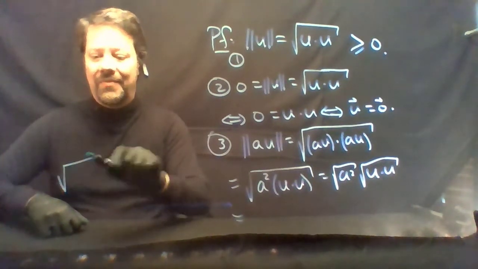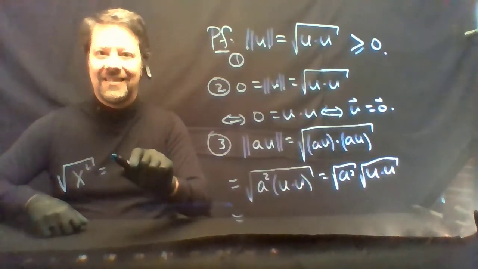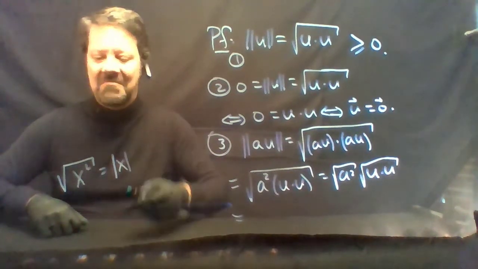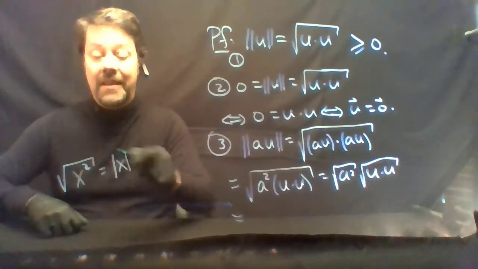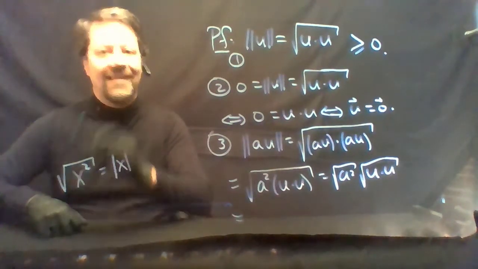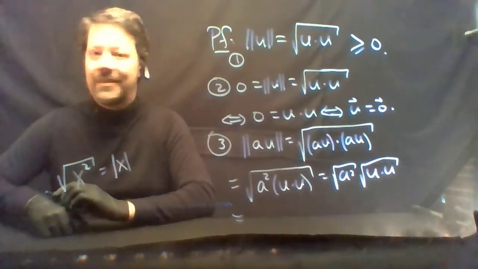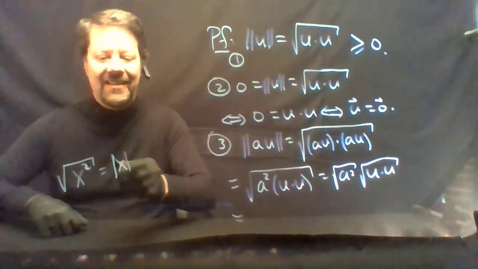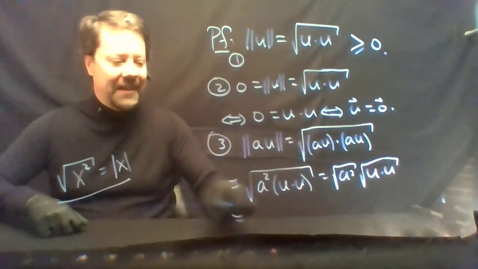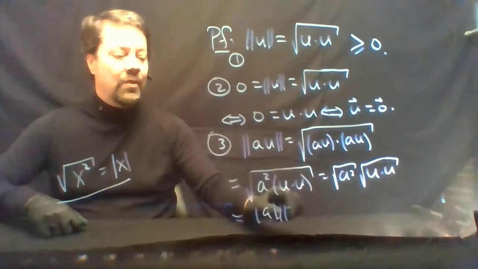You should know. The square root of x squared is not x. It's the absolute value of x. It can't give you a negative value even if x is negative. If I plug in negative 2 and square it, negative 2 squared is positive 4. Square root of that is positive 2, not negative 2. I get absolute value of x. I want you to take special note of that. Here I get the absolute value of a, and then the norm of u.